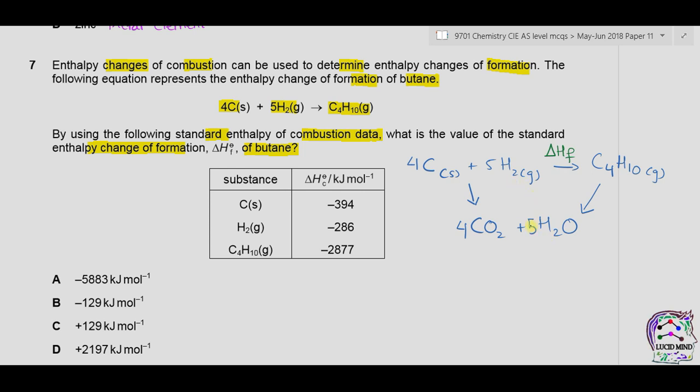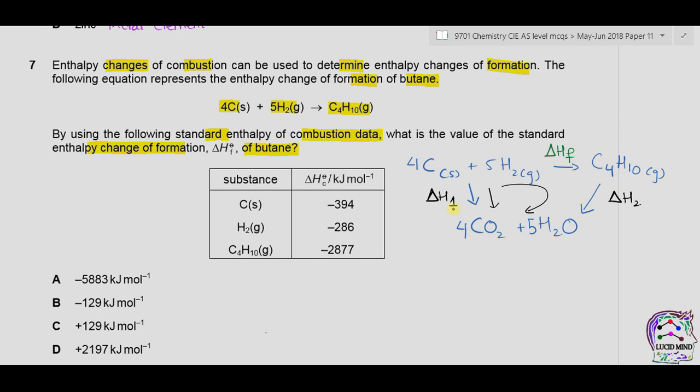We do not need to balance oxygen atoms. This is delta H1, which involves combustion of carbon and combustion of hydrogen to form carbon dioxide and water. This is delta H2, which includes combustion of C4H10. According to Hess's law, this is a two-step reaction, as elements are first converted into reactant and then reactant is combusted to form product. And this is a one-step reaction, as elements are directly converted into combustion products.